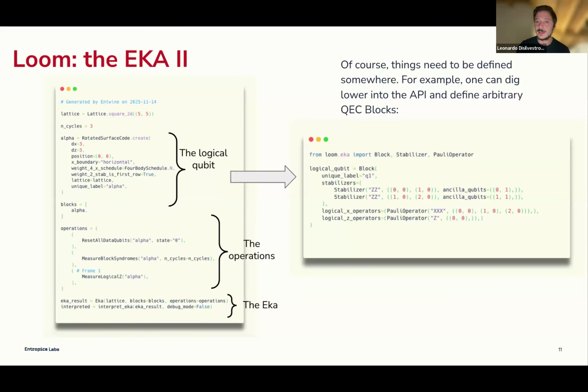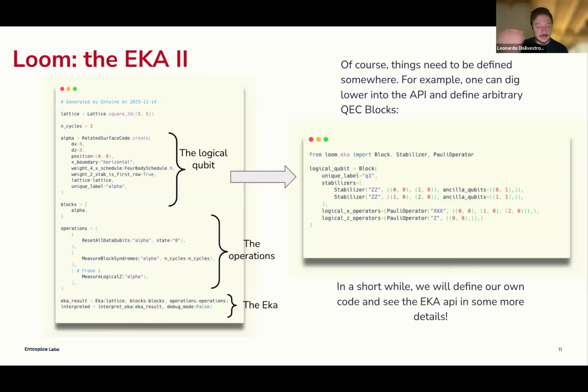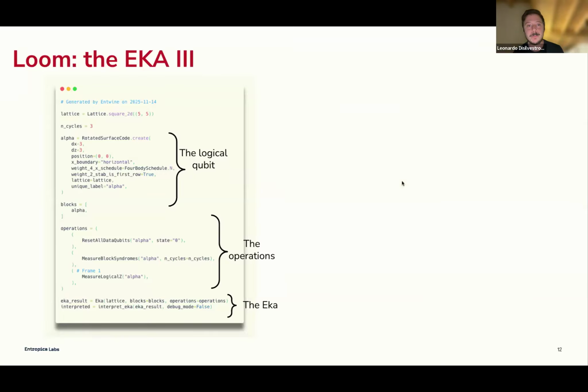The stabilizers will be ZZ and ZZ on different qubits, and then the logicals. So you just have a recipe on how to build this in general. Once you've done it, it's fine. You have your block, and then you can reuse it in this type of problem. We will see in more detail how you do this for other codes later.